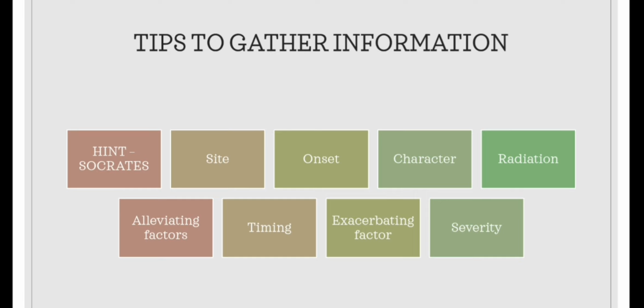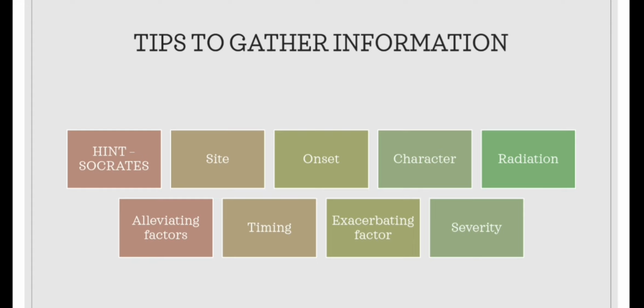Next one is timing. Find out when the symptom first began and try to date this as accurately as possible. For example, ask the patient what was the first thing he or she noticed that was unusual or wrong. Ask whether the patient has had a similar illness in the past.